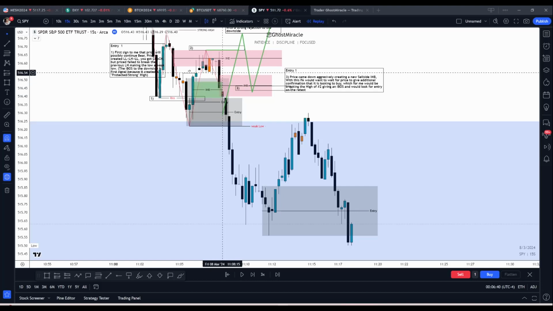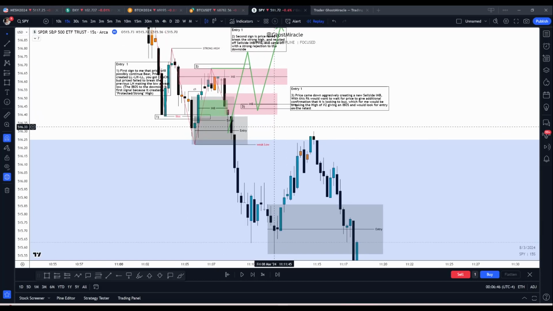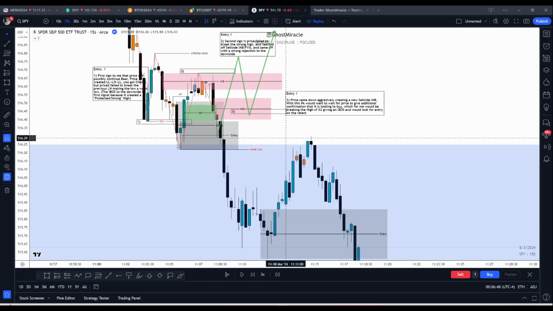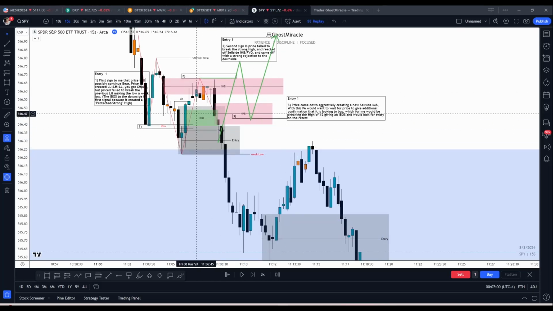Normally, when I see price doing this, if I'm looking to buy, I'm more questionable on it, because price is weak to the upside with these candles, and then price is showing strong strength to the downside with these full candles.